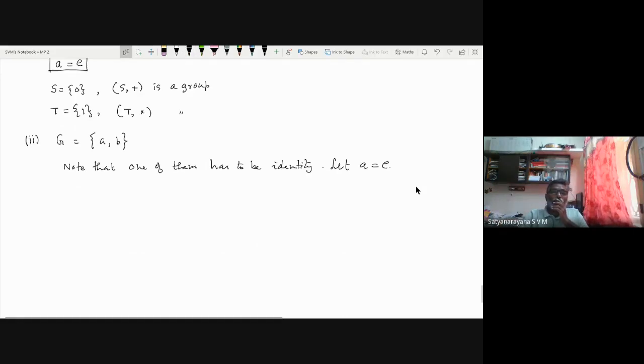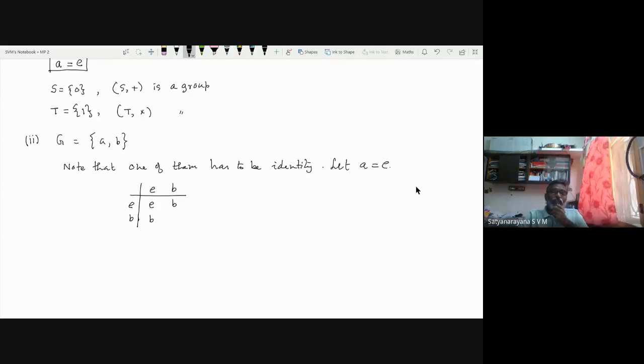Now we will take the help of the group multiplication table. Let's say I have E and B and E and B. So E into E is E, E into B is B, B into E is B, and now we have to ask what is B into B. Is there any doubt about what B into B is? There is no doubt, because the rearrangement theorem tells you that everything should occur at least once and only once.